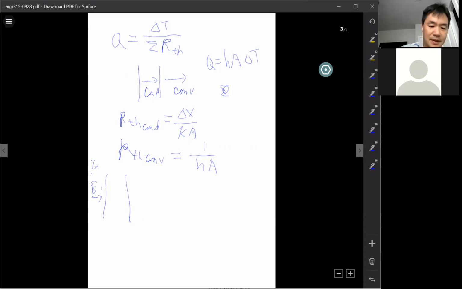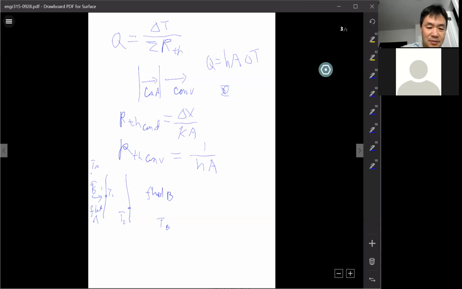Then you have a temperature T1 here, a temperature T2 here, then a temperature T_B on this side. Let's say fluid A, fluid B, and this is the solid material inside.